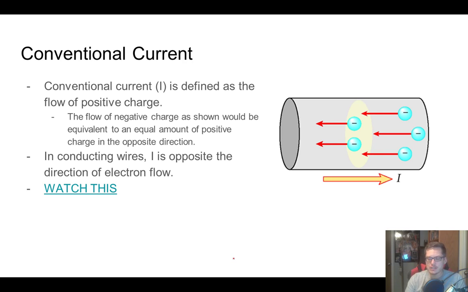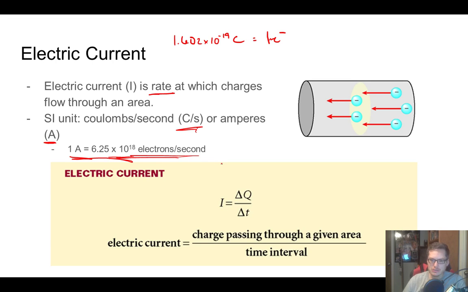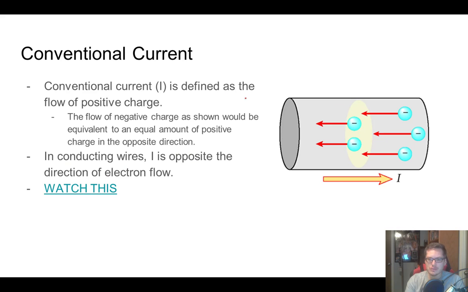Now that's pretty easy, but we've got to talk about what's called conventional current. Remember, current was defined as any charge flowing through an area. Here, specifically in the picture we've used, it's negative charge, so you can imagine these electrons, but charges can be positive or negative. All currents have the same properties, so what we do is define conventional current as the flow of positive charge.